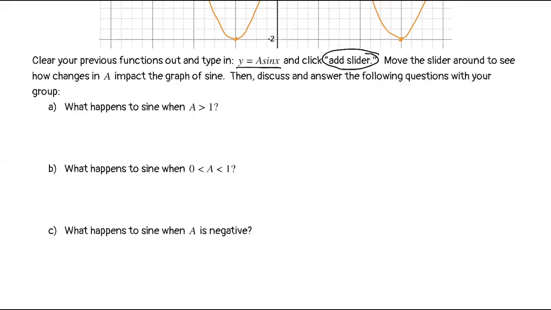Right, so as soon as I type in that capital A, it says add slider, and I just click on that. And now this allows me to move around that slider. Okay.